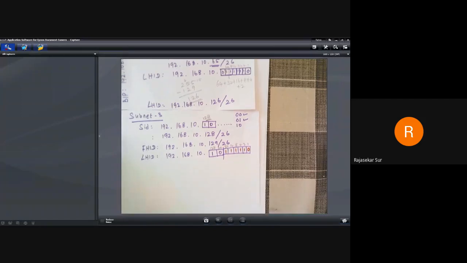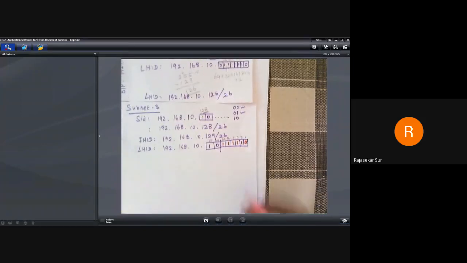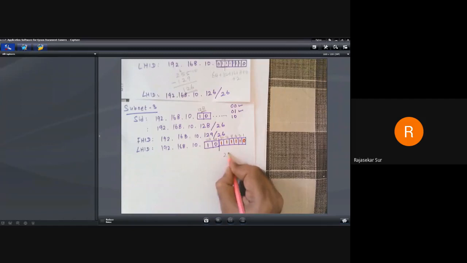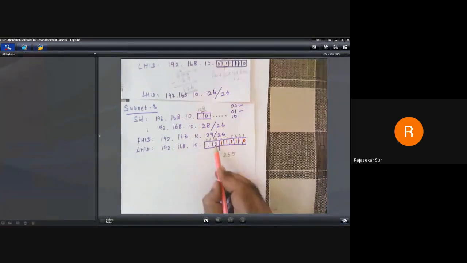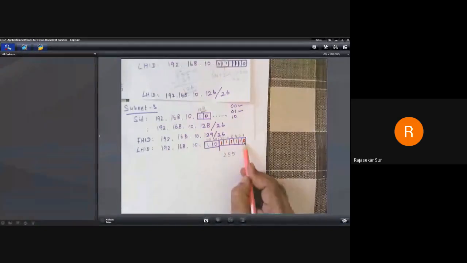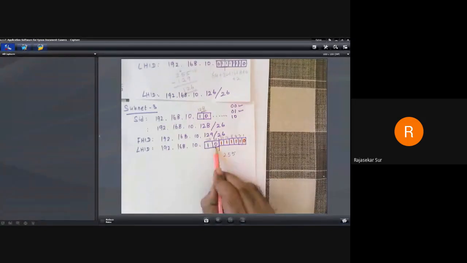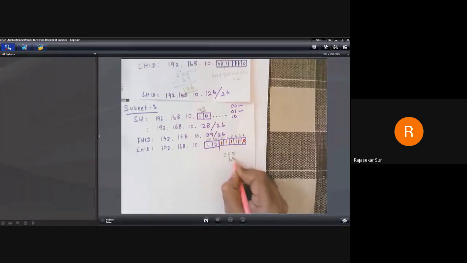I already told you a simple method. What is the simple method? The total is 255. With 255, you can see 64 is 0 and 1 is 0. So 64 plus 1 is 65, and we have to reduce it from here. You can reduce 65, or you can add 128 plus 32 plus 16 plus 8 plus 4 plus 2.